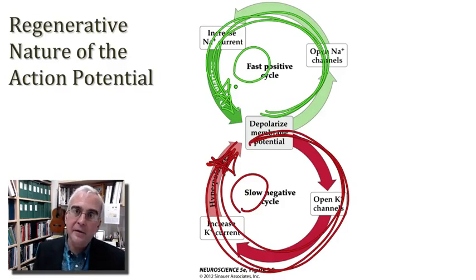However, the negative phase eventually does dominate. Yes, the sodium conductance is beginning to inactivate, but the potassium conductance will drive the membrane back to resting levels and even below rest into undershoot. So the slow negative cycle seems to be nature's way of ensuring a rapid signaling event, that is, an action potential of a short duration.